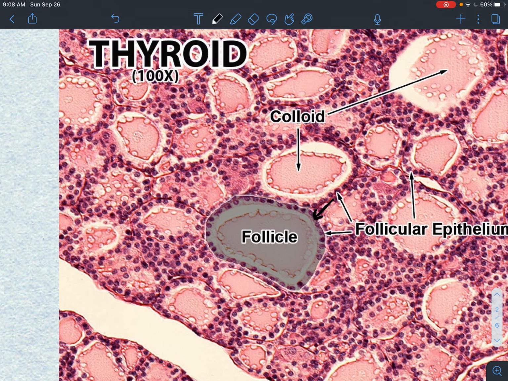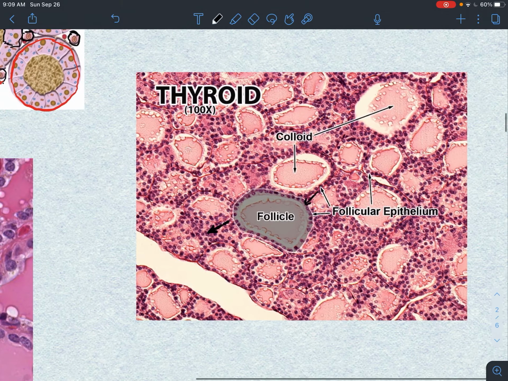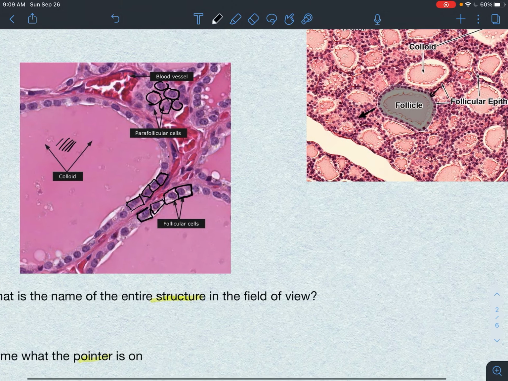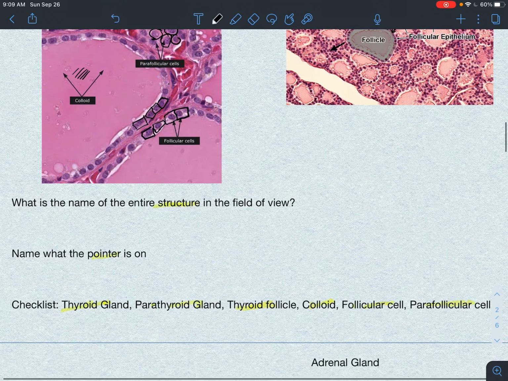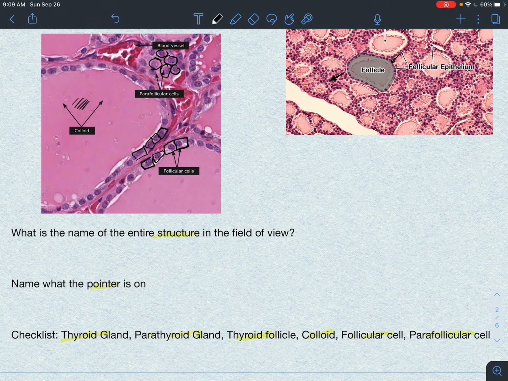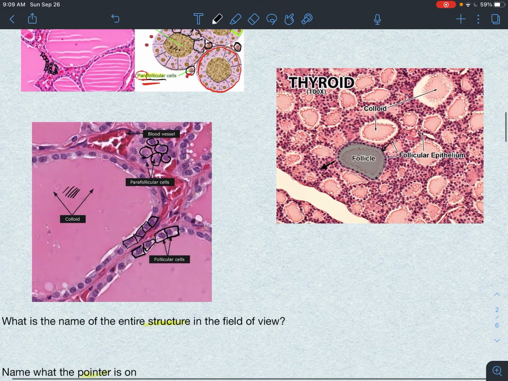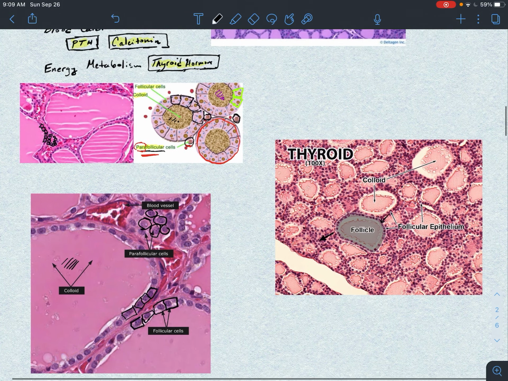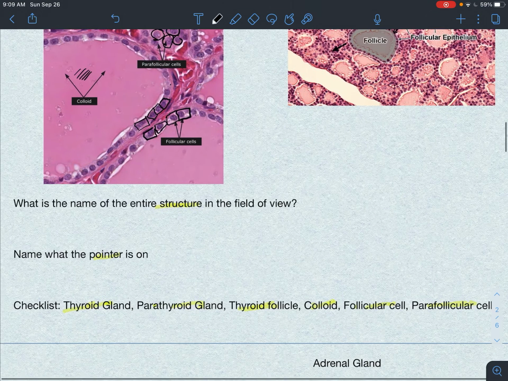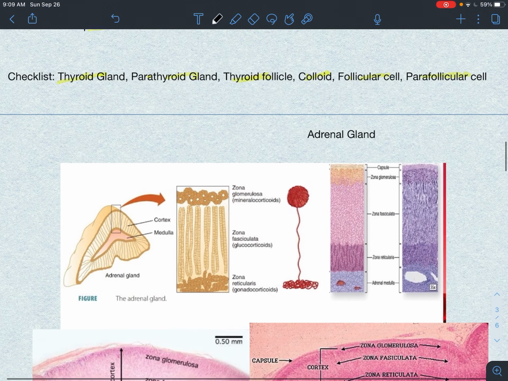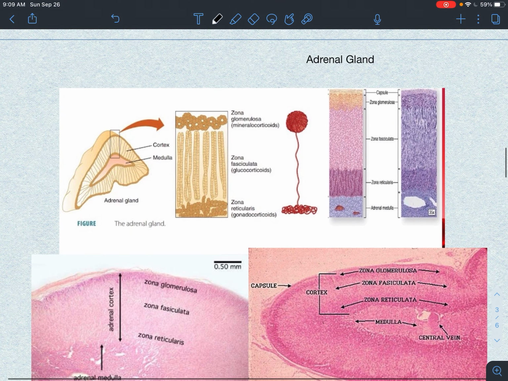So if I kind of stuck it somewhere in here, right? There's no follicle there. Those would be parafollicular cells. And so you get the idea. You can see how we can phrase questions in order to make sure that you are familiar with this histological slide. Let's go ahead and go to the next one, which is the adrenal gland.